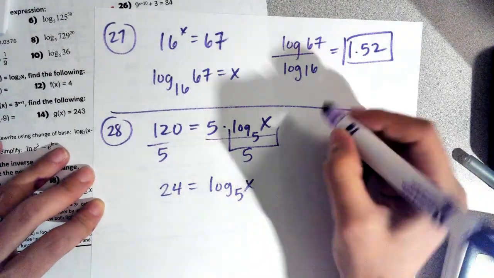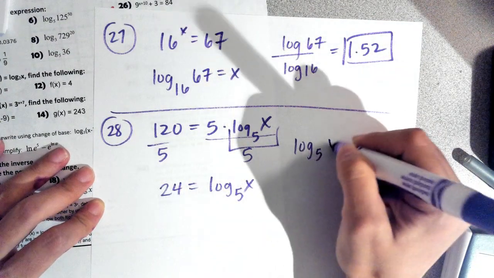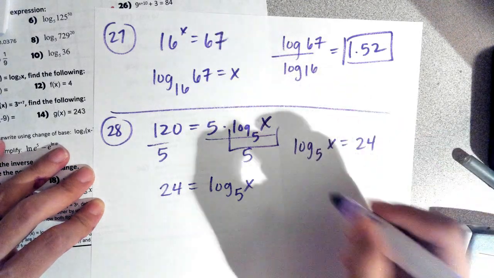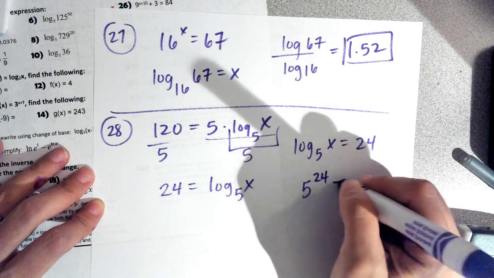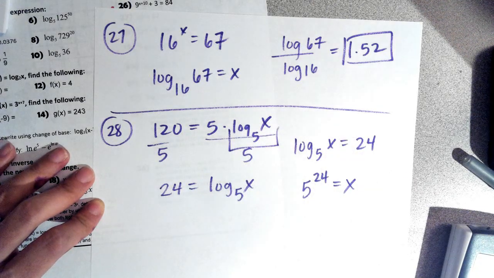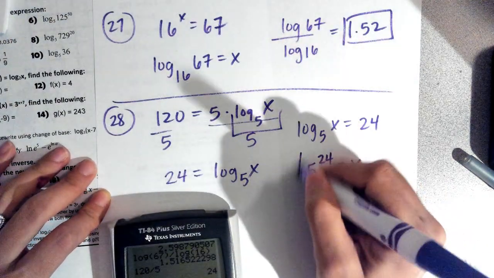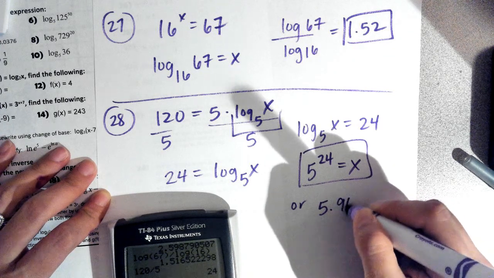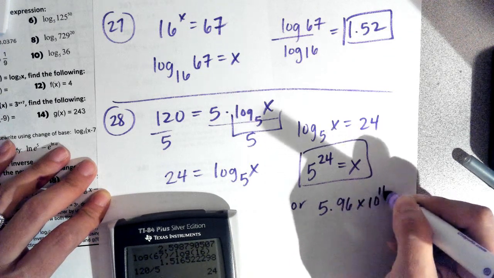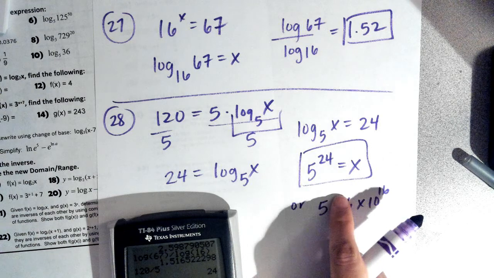Now I'm going to rewrite this as log base 5 of x equals 24, and then write in exponential form. 5 to the 24th power equals x. It's going to be a really big number. You can leave it as 5 to the 24th, or if you want to write in scientific notation, 5.96 times 10 to the 16th, which is a lot. So I would rather you keep it as 5 to the 24th.